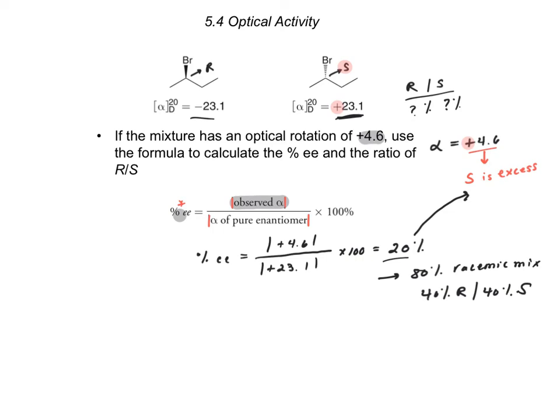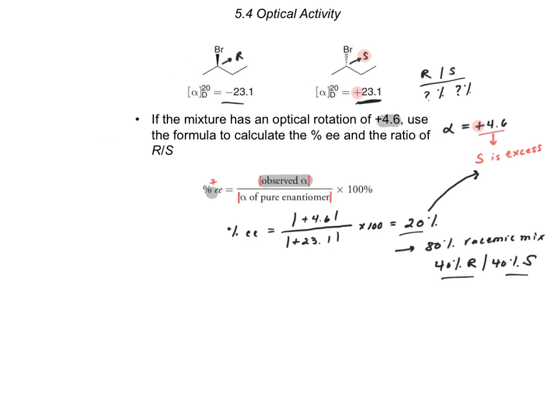Now, if I told you just to calculate the percent enantiomeric excess and tell me which enantiomer is in excess, then if you said 20% and it's S because of the positive, that would be fine. But if I want to know what overall percentage is R and S in this solution, then that's going to also take into account the racemic part of it.